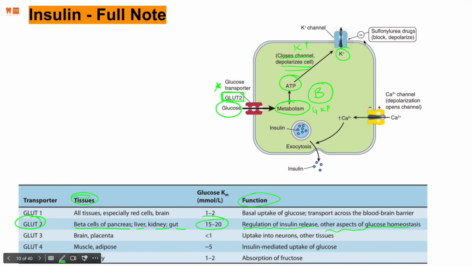Potassium stays inside. Because of that, calcium channels open and calcium comes inside the cell. Intracellular calcium comes in. Ultimately, insulin is in storage right here. Calcium says, okay, I need you out. Let's go out. And exocytosis of insulin happens. Insulin goes to the blood and prevents hyperglycemia.